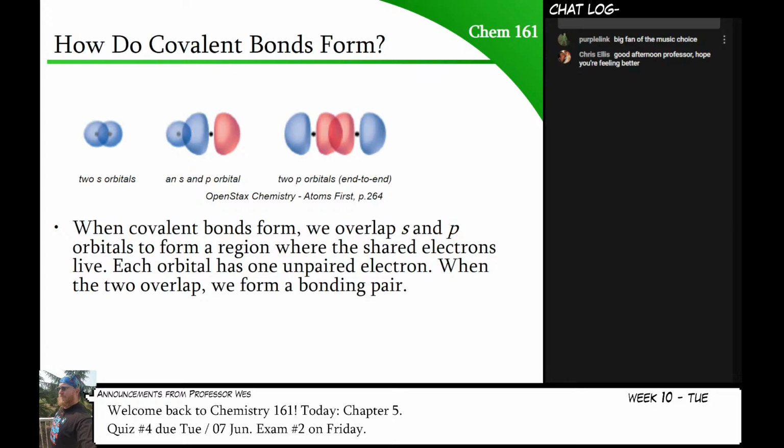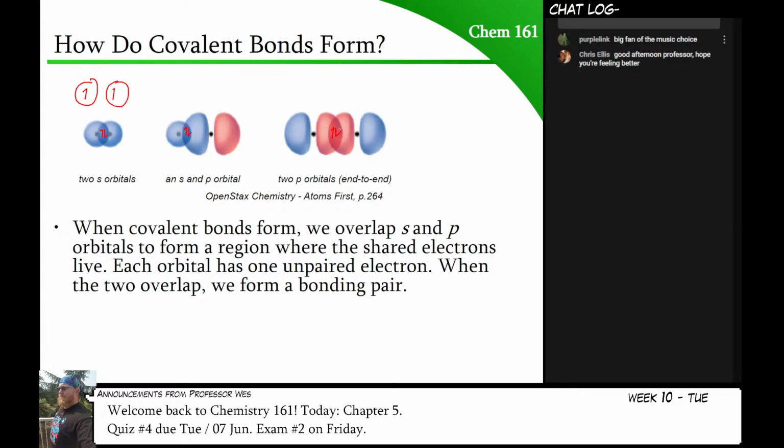I've shown some examples here of s orbitals where I could put my electrons like this, because initially here's an s orbital and here's an s orbital, and this would look like this. When I overlap them, the 2 electrons pair together in the overlapping region. And so here would be that for this s and this p orbital. Here would be that for this p orbital and this p orbital.